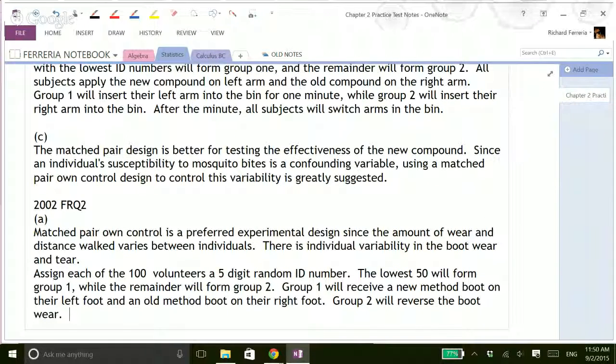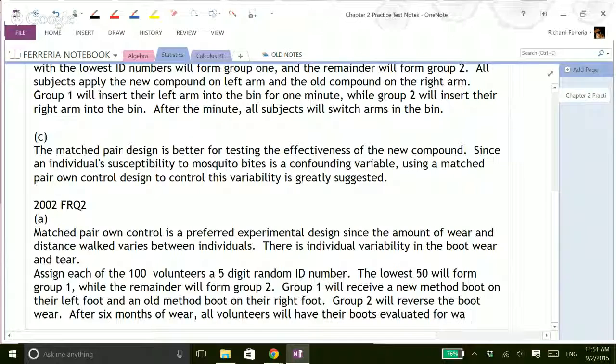Okay. After 6 months of wear, all volunteers will have their boots evaluated for water damage. Okay.